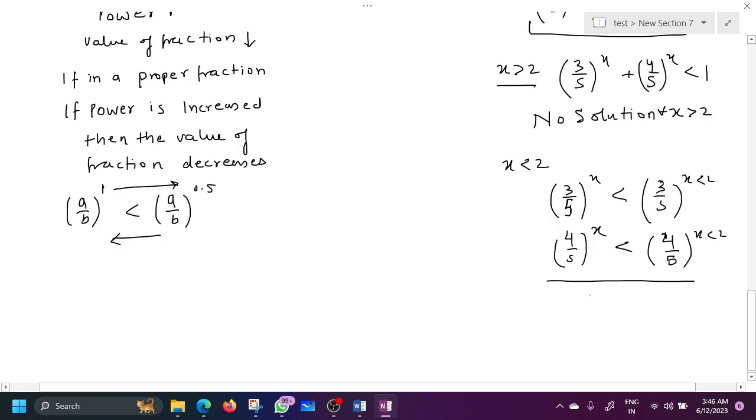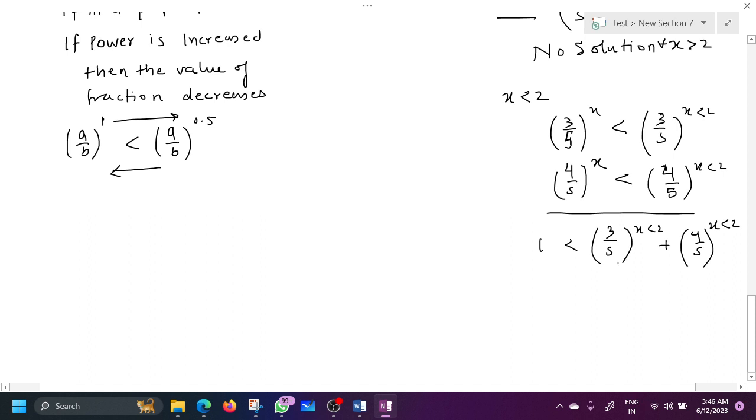So if we add them, we will get 1 on this side and this quantity on the other side, 3 by 5 power x plus 4 by 5 power x, for x less than 2. Again we are not getting equal to 1. So there is no solution for x less than 2 also.